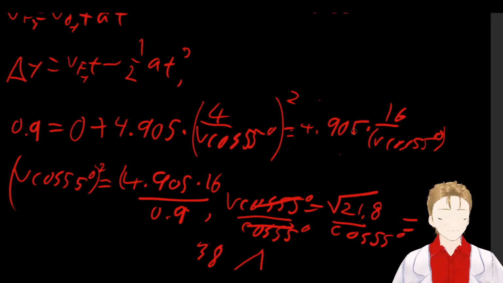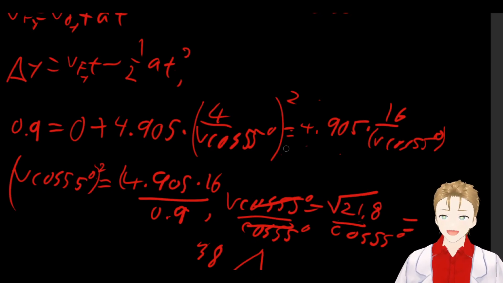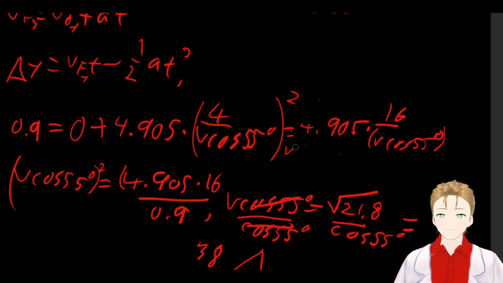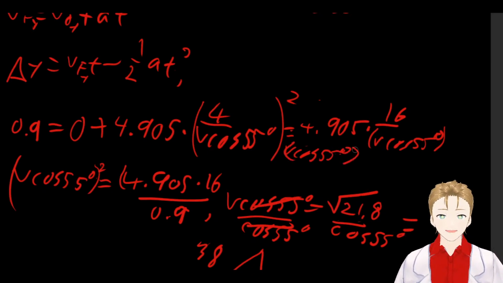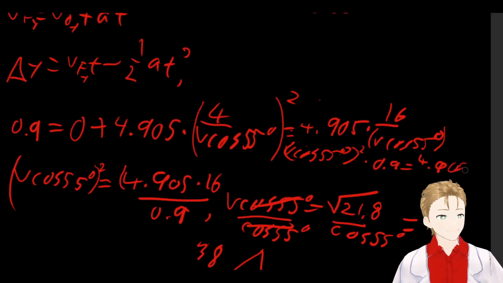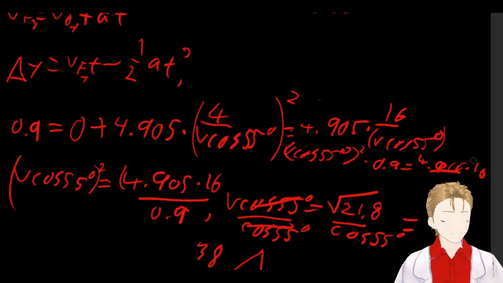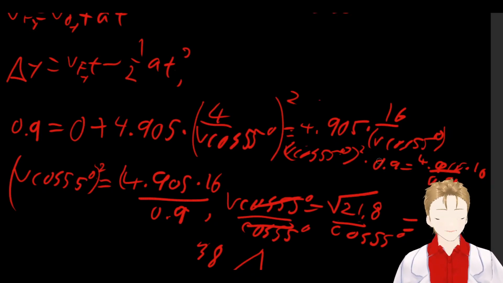Then we can times the v cosine away, so we get v cosine 55 degrees squared times 0.9 equals 4.905 times 16 and 0.9.